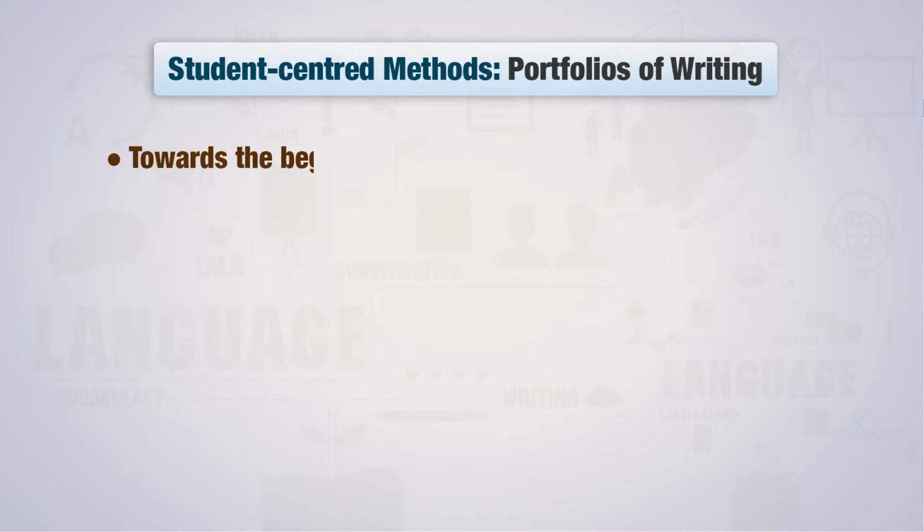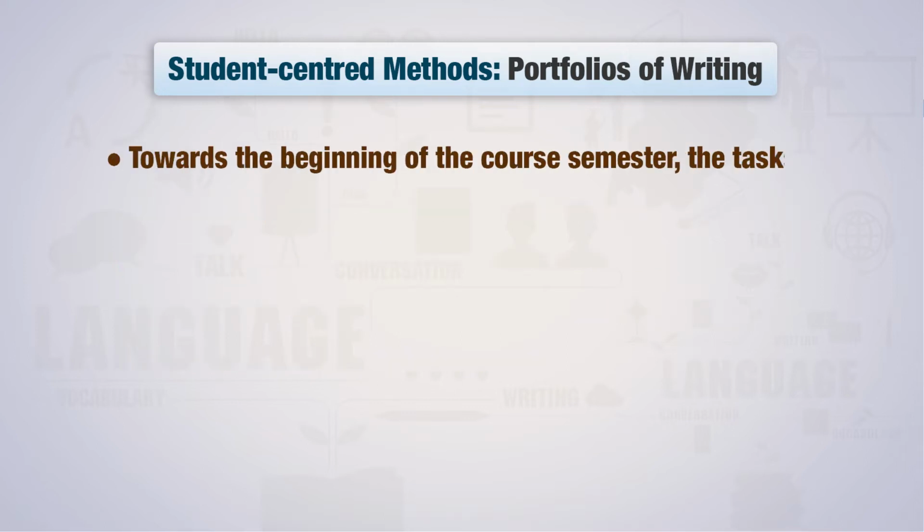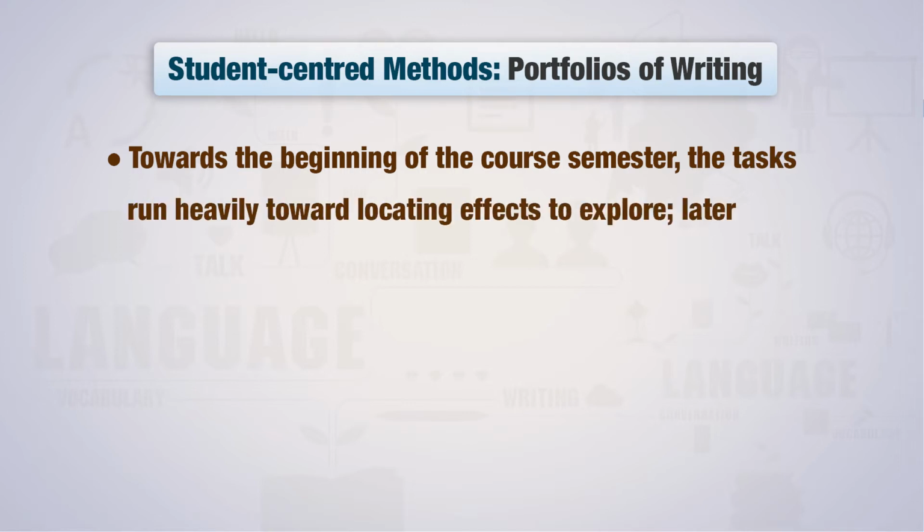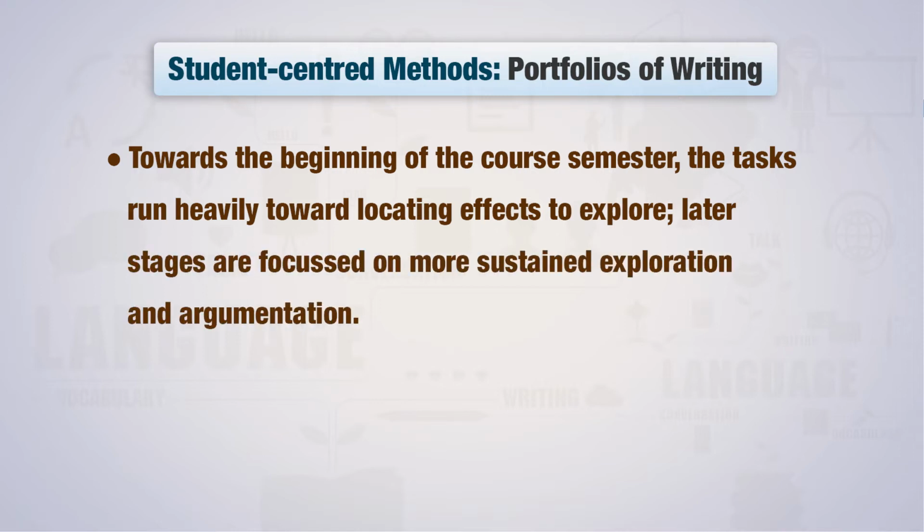Towards the beginning of the course semester, the tasks run heavily in locating effects to explore. In the later stages, the tasks can be focused on more sustained exploration and argumentation. For instance, in teaching sonnets, in the final learning outcomes, we can make the students able to develop readings of sonnets as compressed, miniaturized plays, each with characters, a dramatic situation, and a plot.